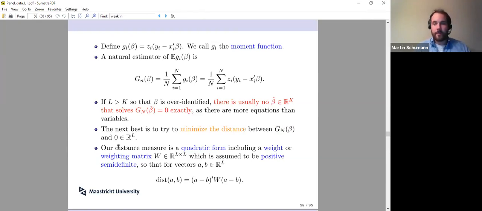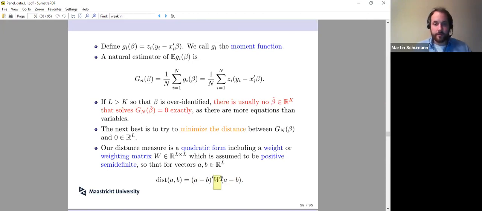In order to do that, we need a distance measure, and it can be based on, for instance, the Euclidean distance. What you see here is simply the cross product of a minus b and a minus b, and that's the Euclidean distance.